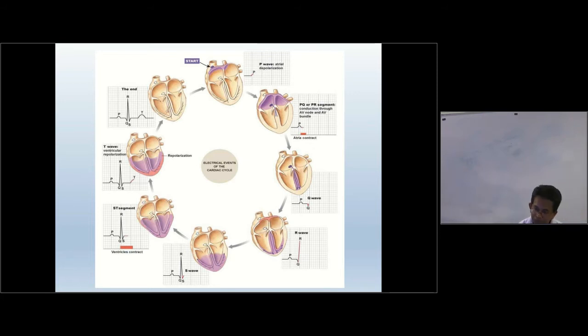Now, if you look at your ECG tracing, which you recorded from your patient today, you will notice different electrodes produce different patterns of ECG waveforms. Some of them have a good positive wave, some have negative waves, some have big amplitudes, some have small amplitudes.